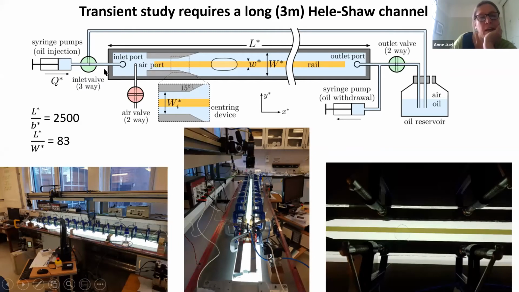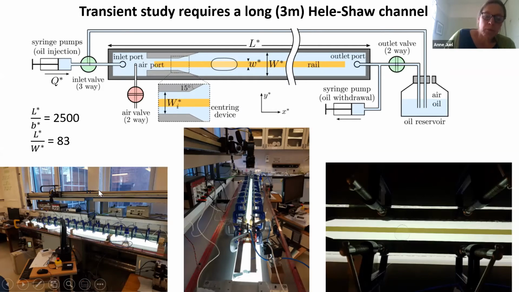We have essentially an injection system. We have a part of the channel that we use to center the bubble. The bubble is created upstream through this air valve. We create the bubble, then we center it, and then we let it go down the channel. And we drive all this with syringe pumps.